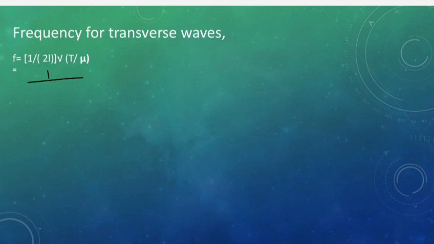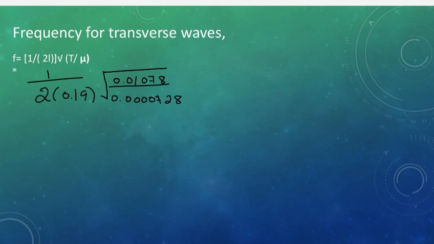1 divided by 2 into L, and we know the value of L from the tabular column, that is 0.19, root of T, which is 0.01078, divided by mu, that is 0.000072851.